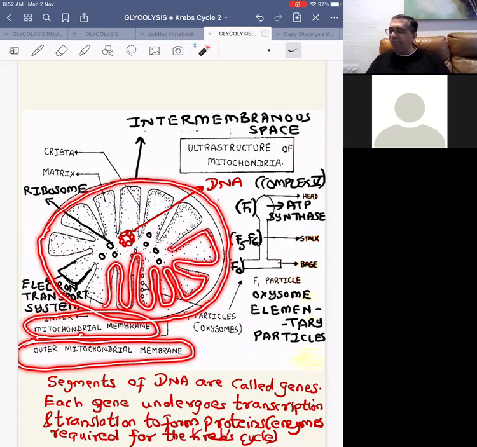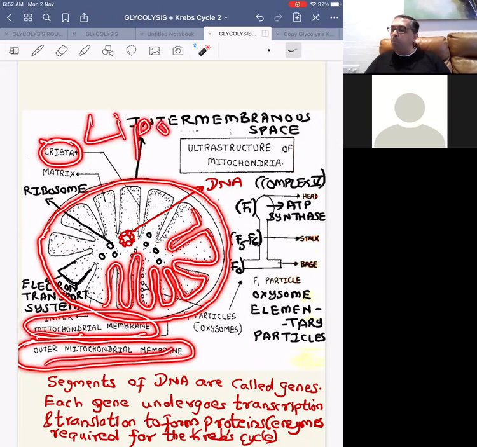इन जो finger like projections है, इन्हें क्या कहते हैं? Cristae. So these are cristae which are present inside, and both the outer and the inner mitochondrial membranes are made up of lipoproteins, lipids or fats.